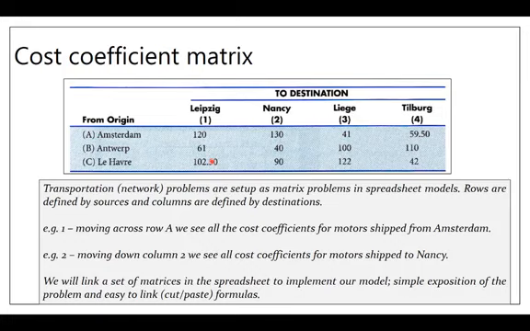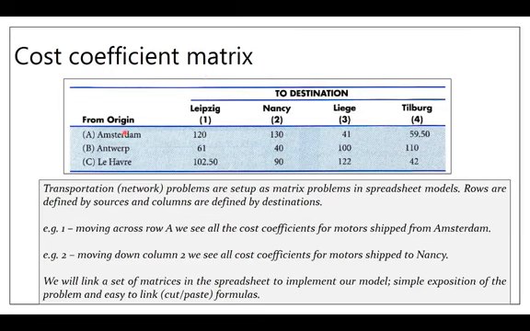I've already talked a little bit about how the information may be there, but any firm that's out there moving things around will have tracking on this. They'll know what they're spending. Every time they ship something on that route, they'll be able to put it on a per unit basis, and that's what we have here, a from origin to destination, or source to destination, per unit measure, and we do it in this matrix form.